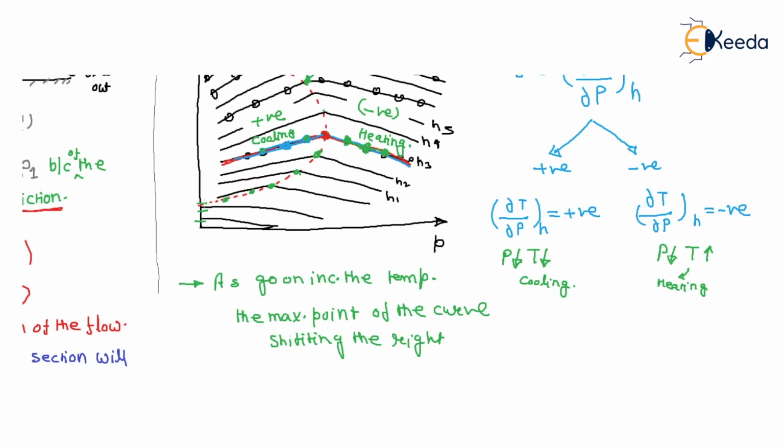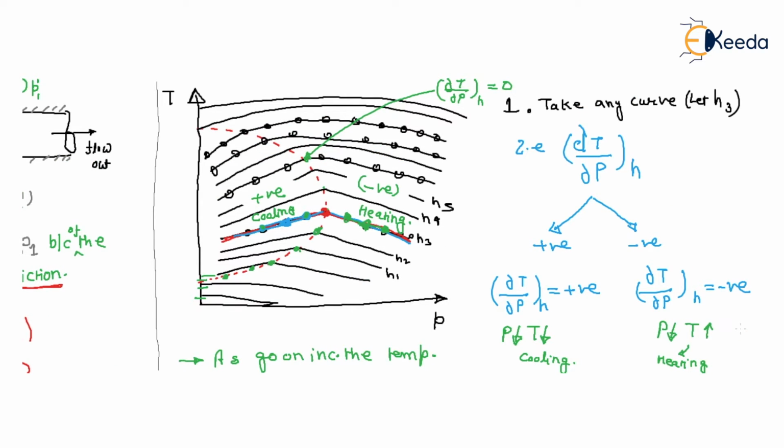First it shifts to the right, then again it shifts towards the right. This is the first observation if you increase the temperature.